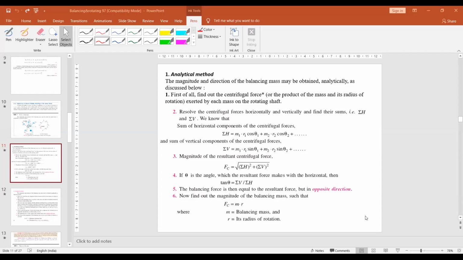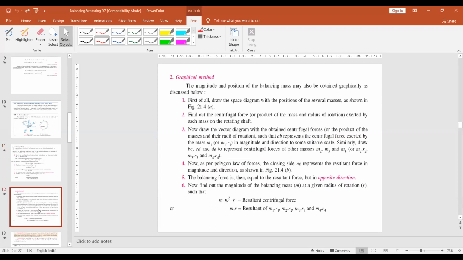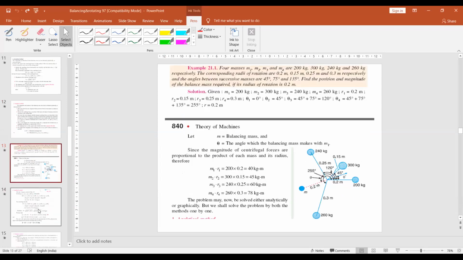Now going to see another one. Okay, is my screen visible? Problem.